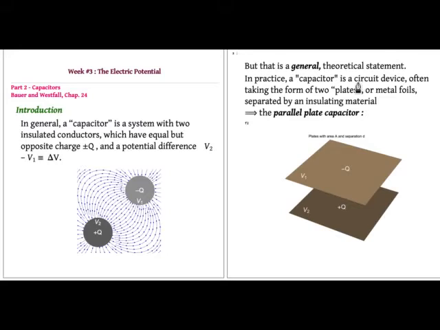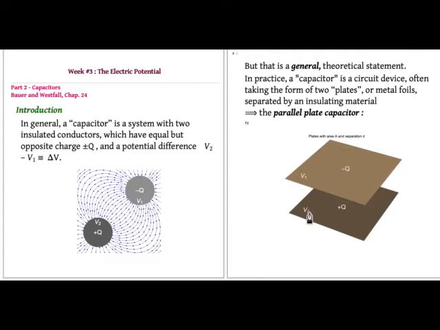It often takes the form of two plates or two metal foils close together and insulated from each other, so separated by some sort of insulating material. Here I show two metal plates with just vacuum in between the two plates. The insulating material there is just vacuum.